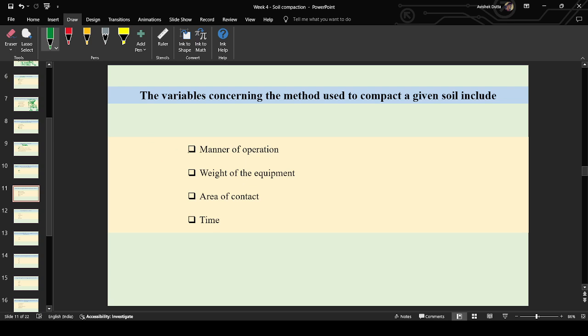Okay, 1, 2, 3 are obviously correct because we know weight and manner of operation and area of contact also. But when I say time, I'm not talking about the long term process like consolidation. I'm talking about instantaneous time only. Suppose I have a soil sample.